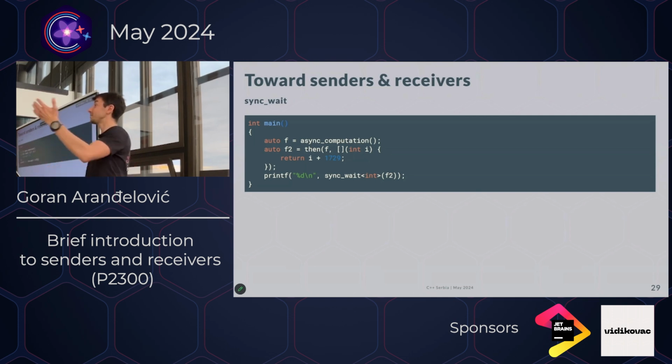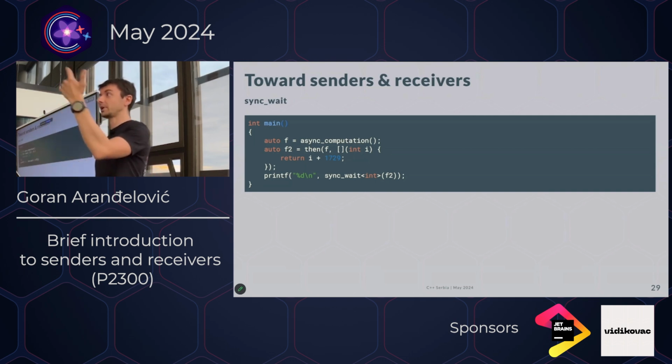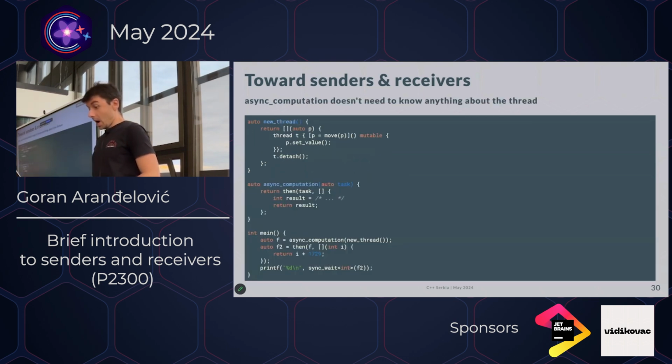But it doesn't mean that if you run your message loop, you cannot push some tasks to the particular scheduler or particular executor to be executed. You don't block. It would be horrible if you needed to call sync wait somewhere in between.